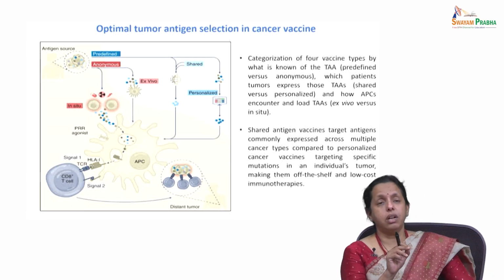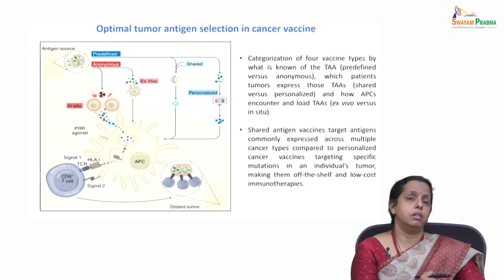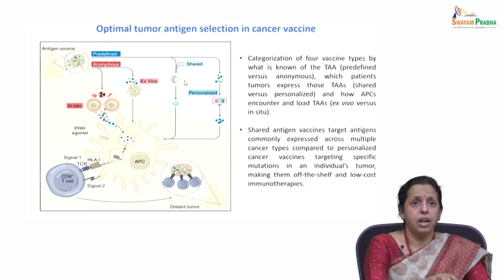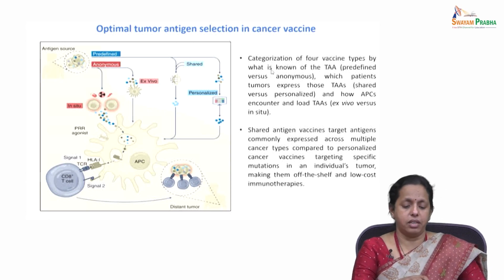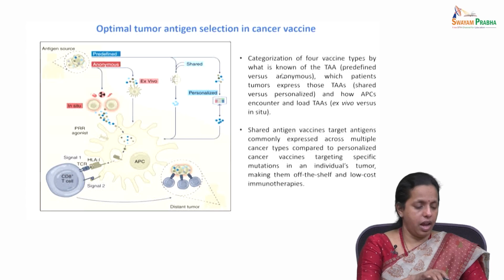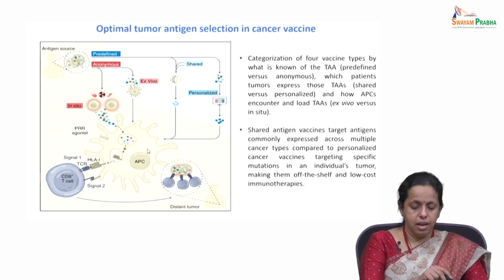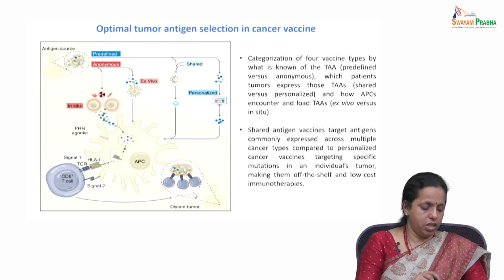Again, as we mentioned about tumor specific antigens and tumor associated antigens, you need to have an optimal tumor antigen selection in a cancer vaccine. You have the categorization of the four vaccine types: predefined versus anonymous, then whether patients' tumors express those TAs, shared versus personalized, and how antigen presenting cells encounter and load TAs, ex vivo versus in situ.